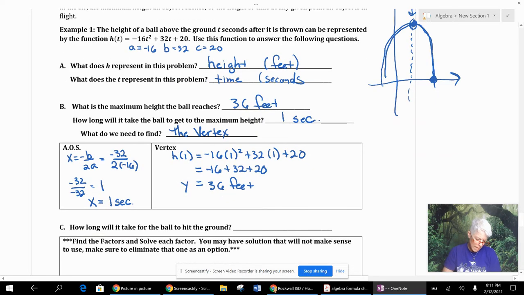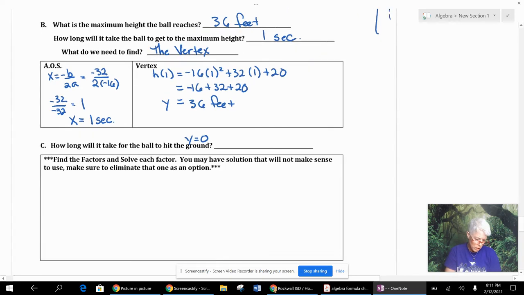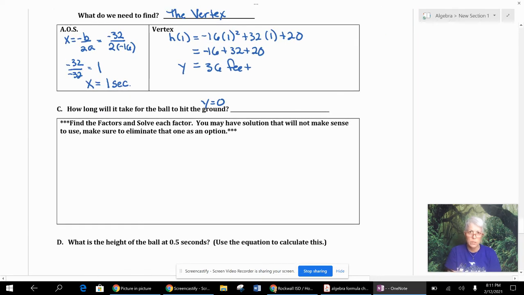Now, how long will it take the ball to hit the ground? Well, the ball hitting the ground is where y, the height of the ball, is 0. So we're going to figure that out now. We're going to substitute 0 into the equation. So the 0 is going to go to the far left, and then I write the original equation. If you notice, we're just substituting in.